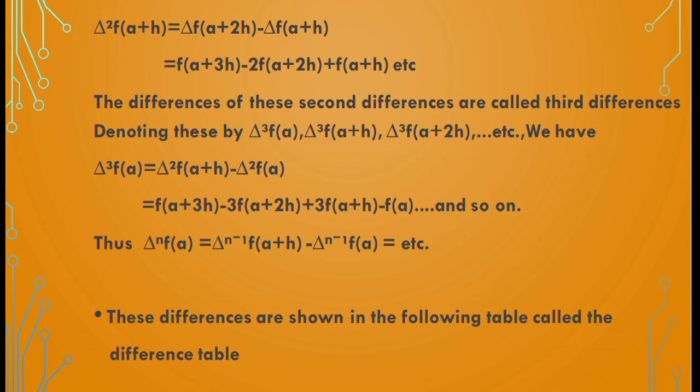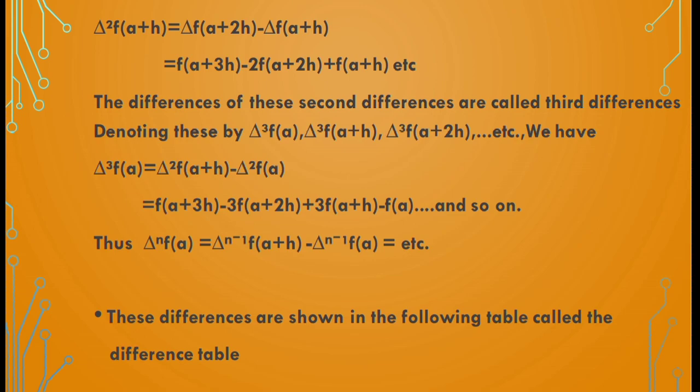Third differences are denoted by delta cube f of a, delta cube f of a plus h, delta cube f of a plus 2h, etc. We have the value of delta cube f of a. Delta cube f of a is equal to delta square f of a plus h minus delta square f of a, which is equal to f of a plus 3h minus 3f of a plus 2h plus 3f of a plus h minus f of a, and so on.